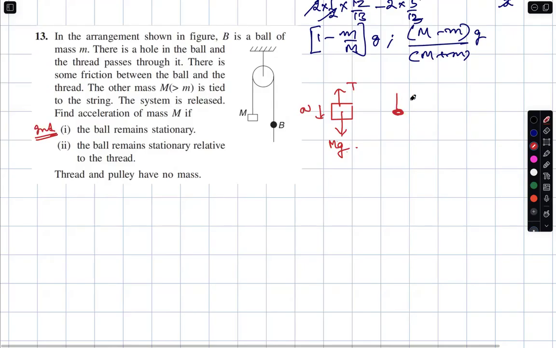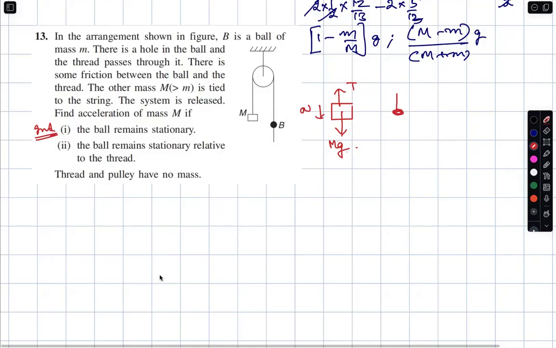See, this ball will not allow the thread to pass through the hole. That is friction, right? So this will exert a downward force on the string, whereas the string will exert an upward force on the ball.